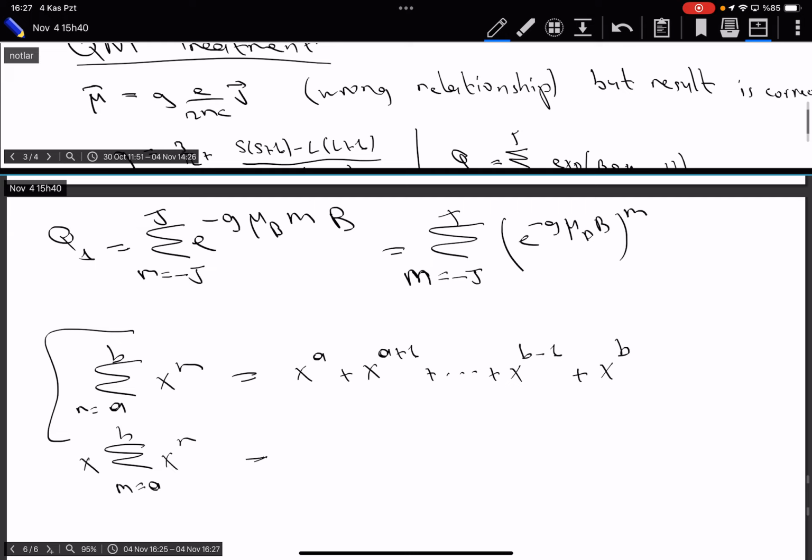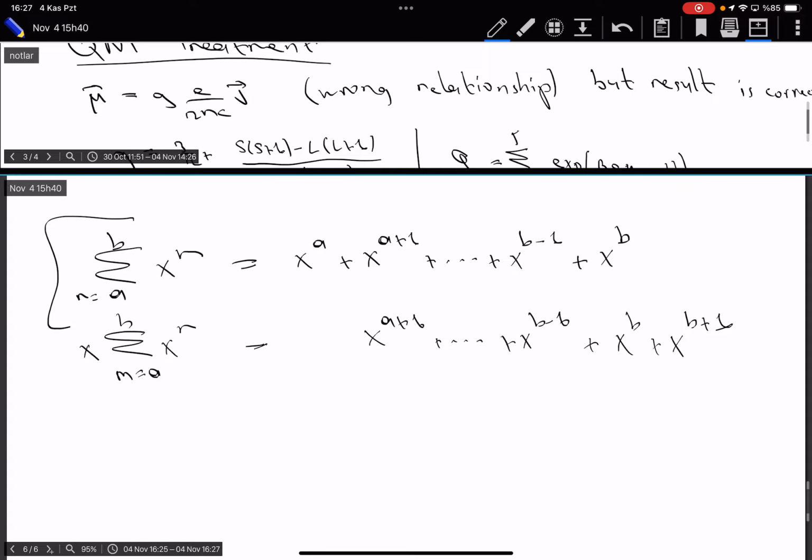Well, this will be x to the power A plus 1, x to the power B minus 1, x to the power B plus x to the power B plus 1. Just subtract side by side. You get 1 minus x to the power M will be x to the power A minus x to the power B plus 1.